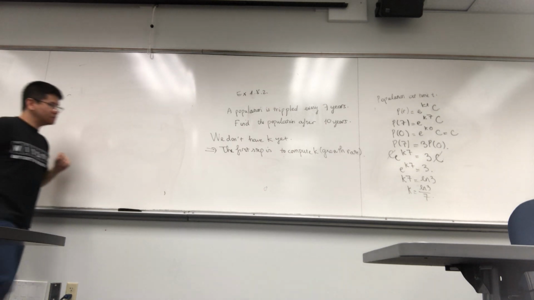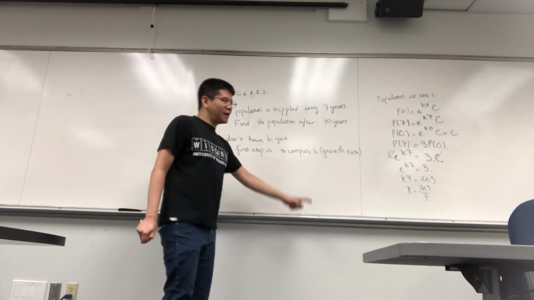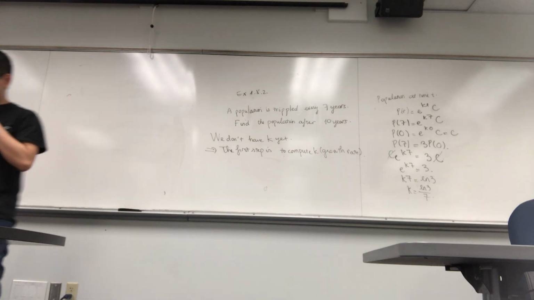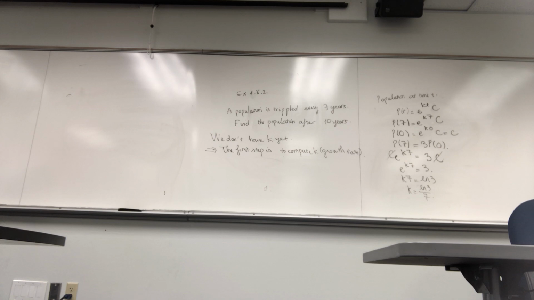Right, so now we have a k. And now how can we compute a population after 10 years? Yes? Plug the k that we found into P(t), like that whole equation, except change t to 10. Okay, can you sign at the back of the paper, please? So now you have what?